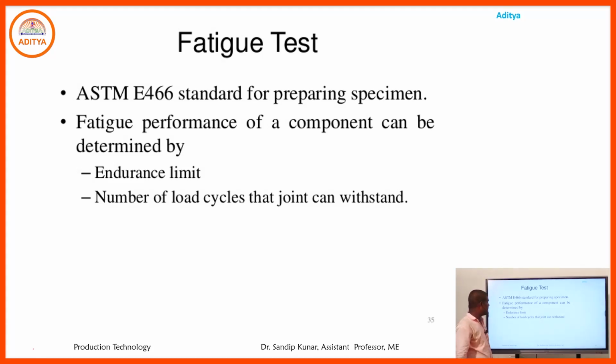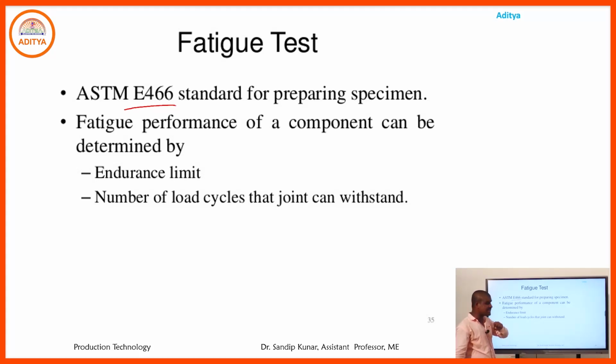Fatigue test means the ASTM E4 standard specimen we have used for the fatigue test. Fatigue means when repeated cycles of load are applied on the material, the tolerance limit, the endurance limit of that material will deteriorate.